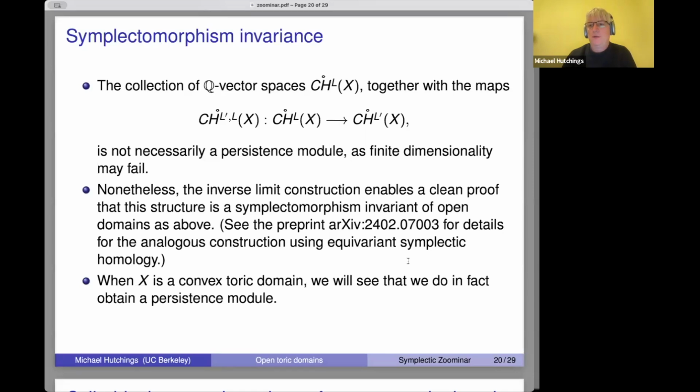Any questions about that? Maybe I have a question. Do your models satisfy the condition that the images of the persistence morphisms are finite dimensional? The spaces could be not, but the image of the maps.